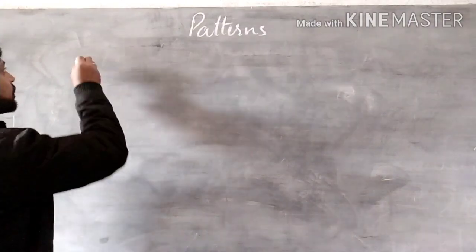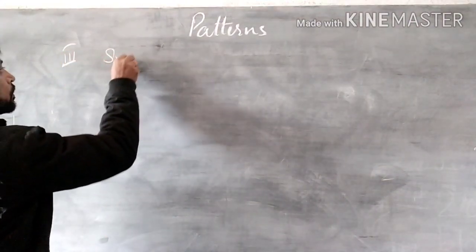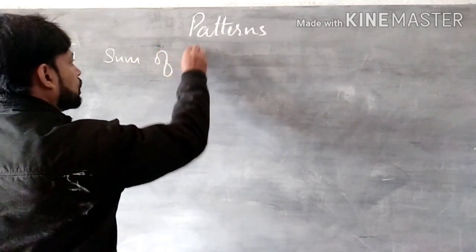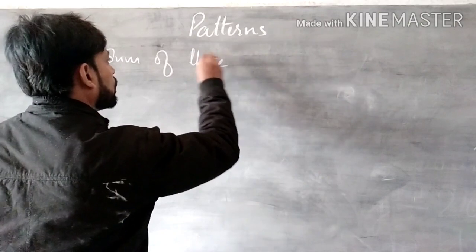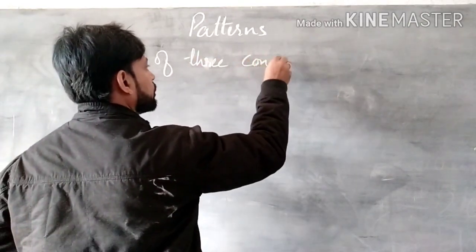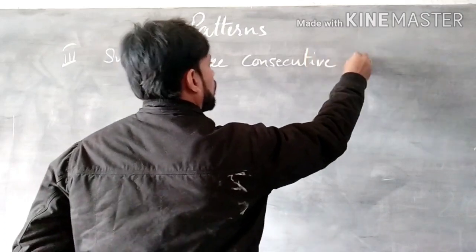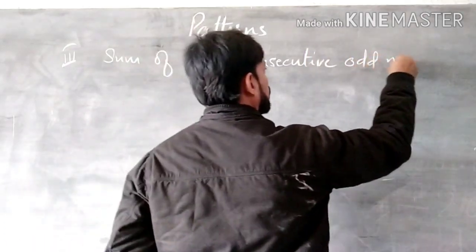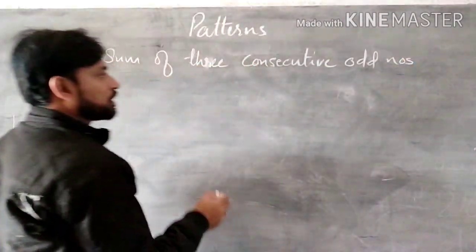Now the third observation is sum of 3 consecutive odd numbers. In this you have to find out the odd numbers.